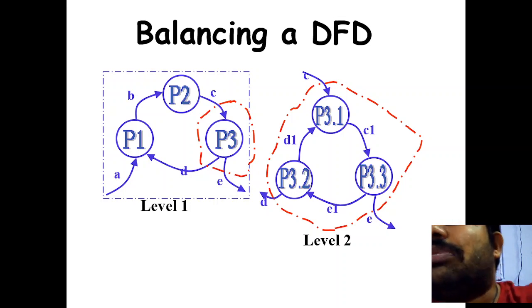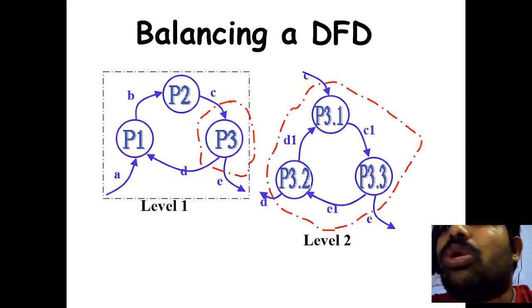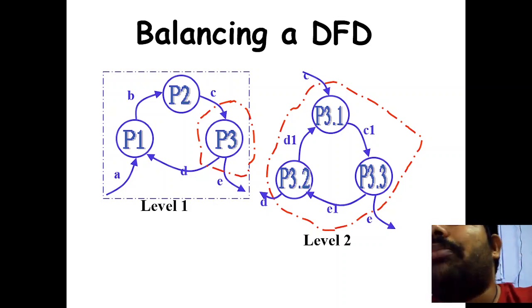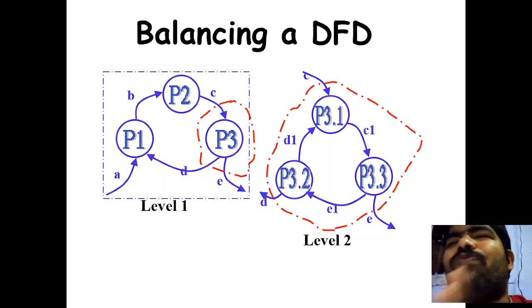P3 itself contains 3 operations, and those are to be represented separately. So instead of maintaining it in a complex manner, this particular representation shows it in a simpler way, such that we balance the DFDs. That means we need to represent the flow of operations.